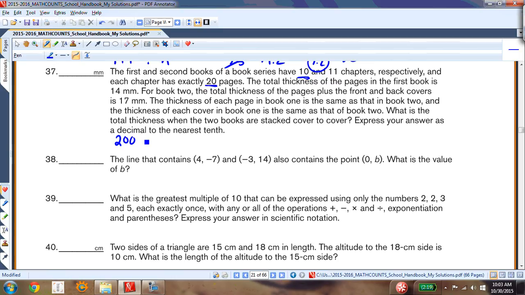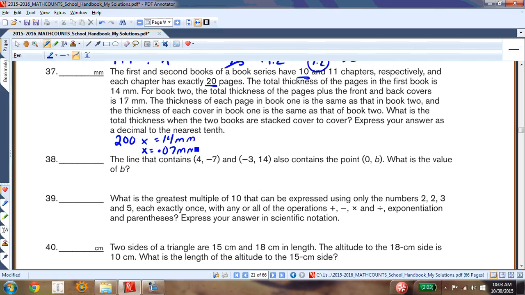And 200 pages times the thickness of the page is equal to 14 millimeters. So here X represents the thickness of the page. And then I can determine the thickness of the page. Calculating X, the thickness of the page, is 0.07 millimeters.